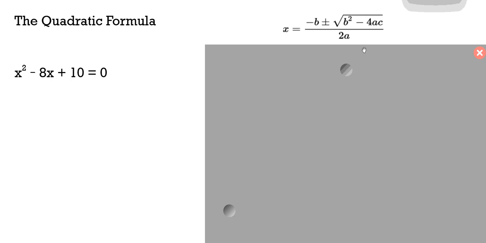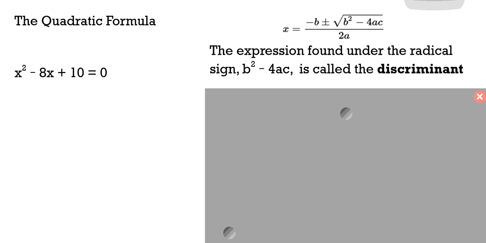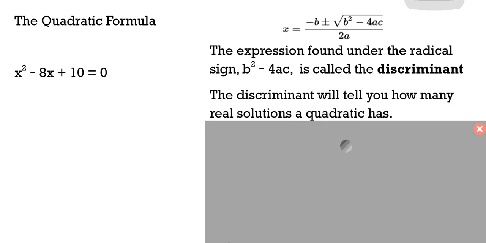Here's our quadratic formula up here. X is equal to the opposite of b plus or minus the square root of b squared minus 4ac, all over 2a. If we look at just one part of it, what's called the discriminant, it's this part here, the part that's under the radical sign, just the number, not the radical sign itself, just b squared minus 4ac.